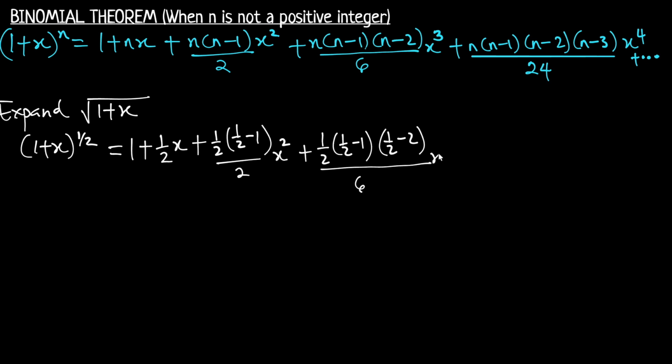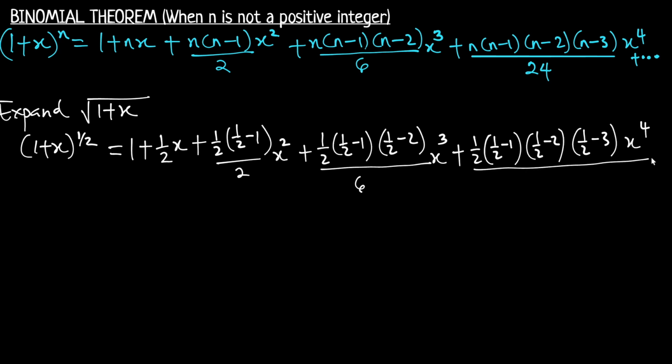Then we have x to the power of 3. And lastly, half minus 1, half minus 2, half minus 3, x to the power of 4 divided by 24.